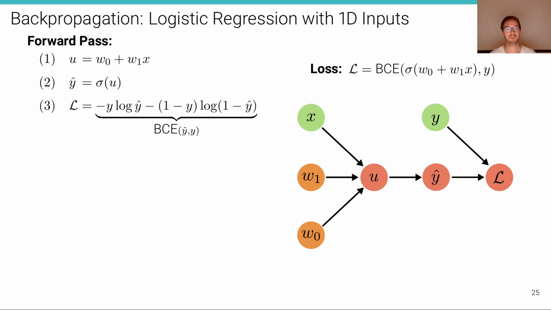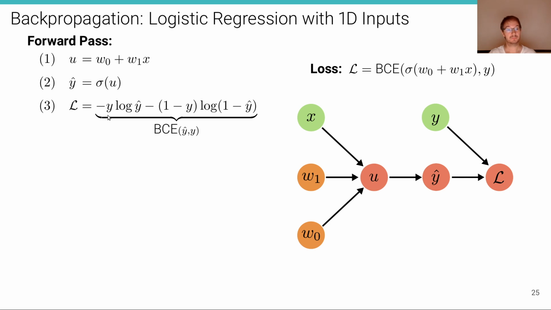And what happens here is basically we have an affine function u that linearly combines W0, W1, and X. This is this linear function u. Then we have the sigmoid operation here that returns y hat and takes in u.